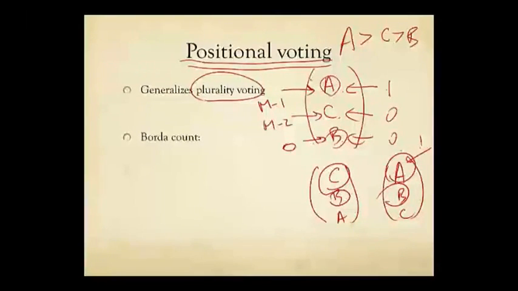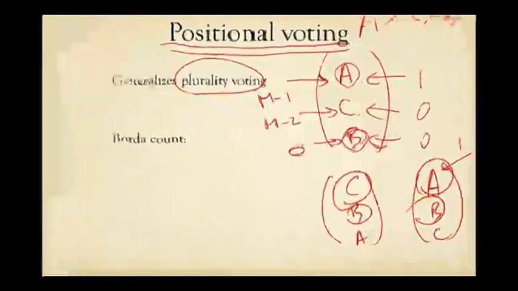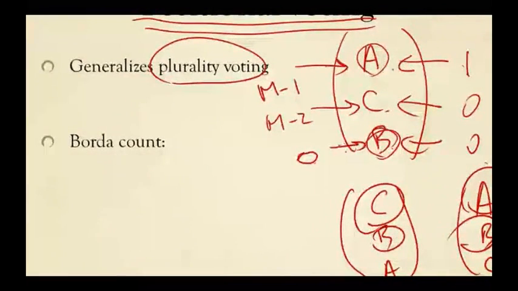Well, since we require each input list to be complete, all the candidates will show up in each list somewhere. So the fact that it shows up at the bottom of the list really does not carry any information. Maybe this voter really hates this candidate, but still it will be somewhere, say the bottom of the list.